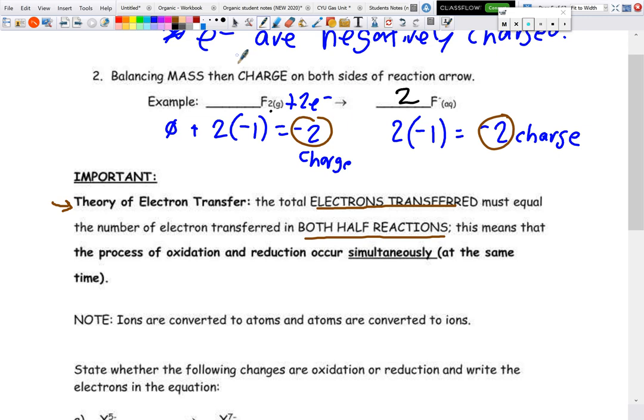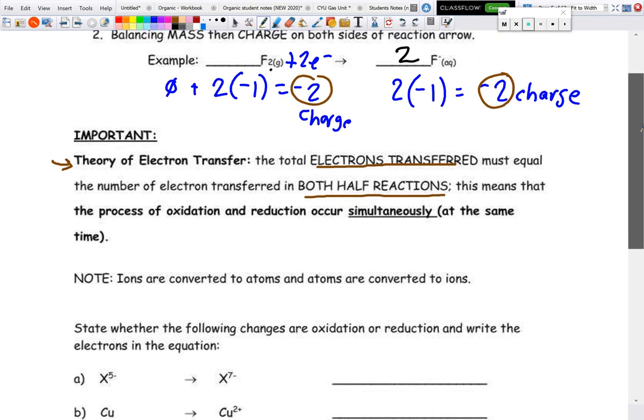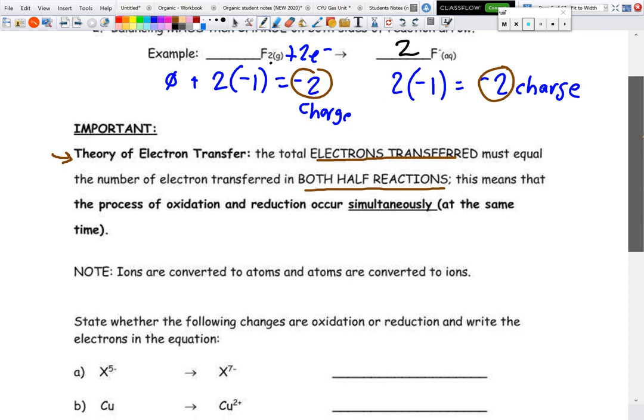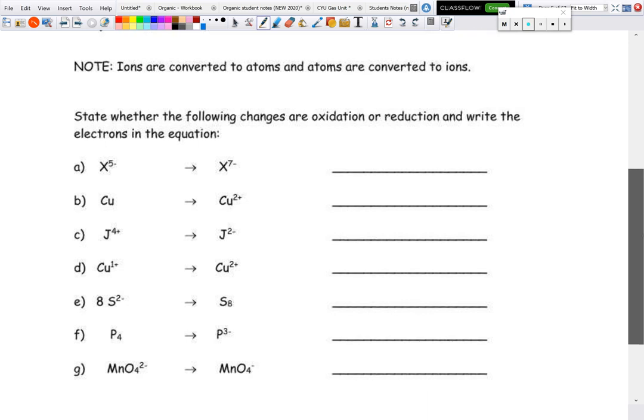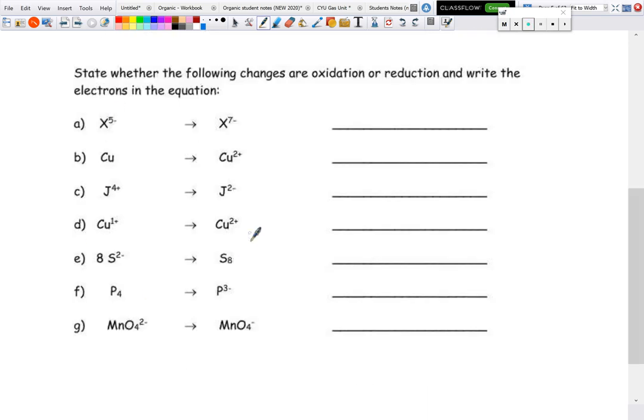So if one half reaction loses 5 electrons, then the second half reaction must also gain 5 electrons. So we need to make sure that the electrons will always cancel out. So in order to get used to this, before we start looking at half reactions, we're just going to practice balancing by both mass and charge.